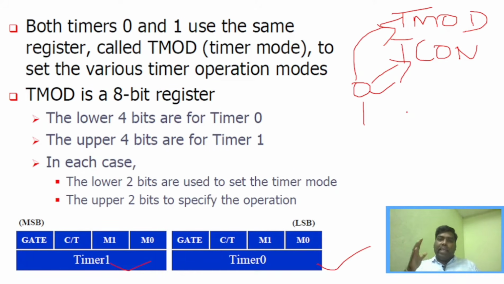Like that, it is used for the control operation of the timers. And when it comes to TMOD, we can select different modes in which the timer works. That is about the TMOD and TCON registers. I'll explain all this M0, M1, M2 in successive slides.